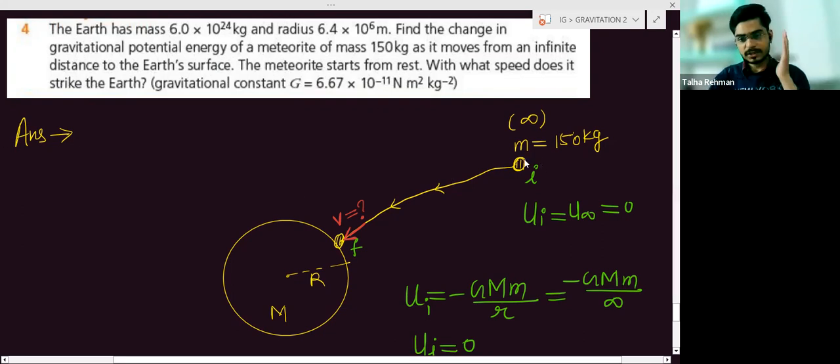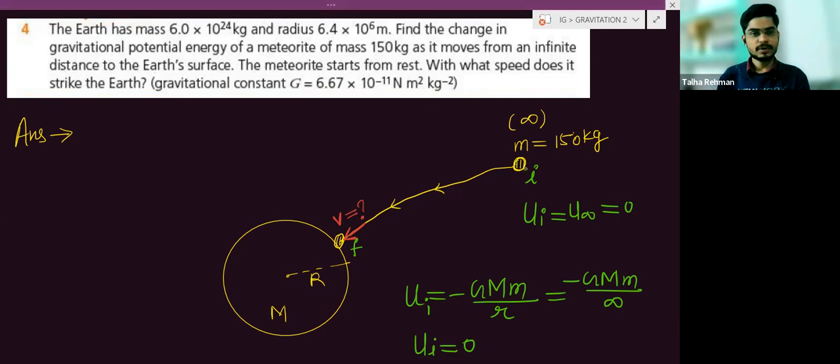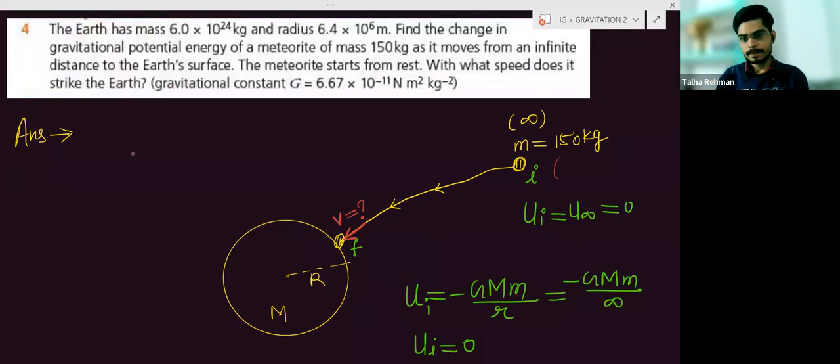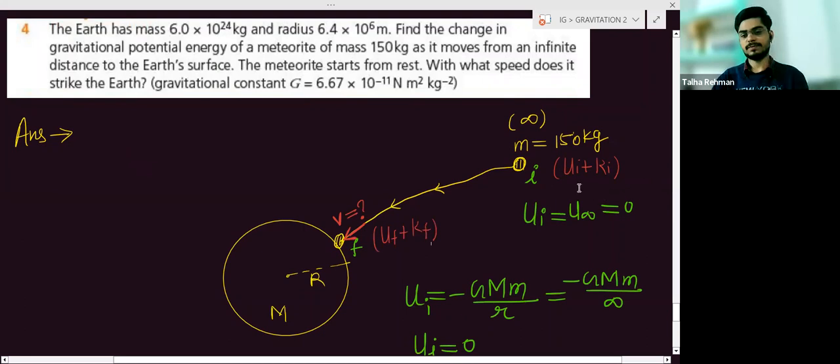We will see the initial potential energy plus initial kinetic energy, and we will see the final potential energy plus final kinetic energy, and these both will be equal.